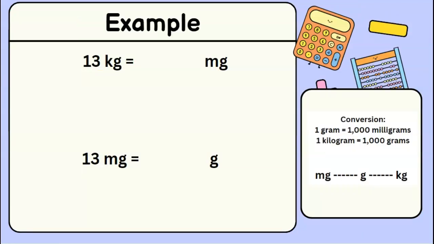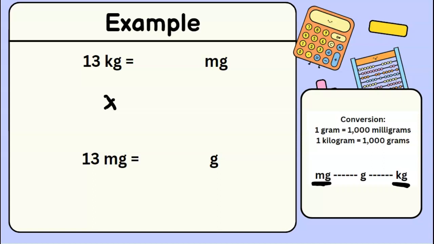When we convert, remember we're going to use the same principle. We're multiplying if we're going from big to small, and we're dividing when we go from small to big. So first I need to decide if I'm going from big to small or small to big, and that will determine which operation we're using. Since I know that kilograms are my biggest unit and milligrams are my smallest unit, I know I'm going to be multiplying to convert from kilograms to milligrams.